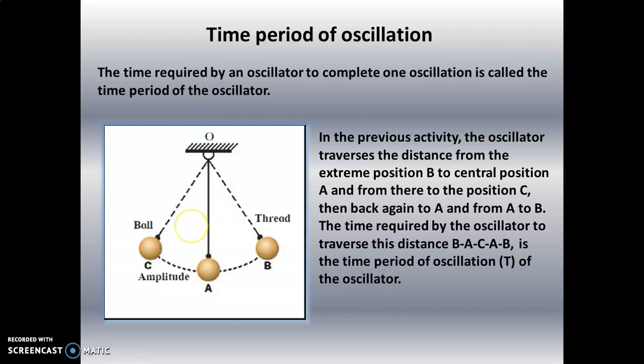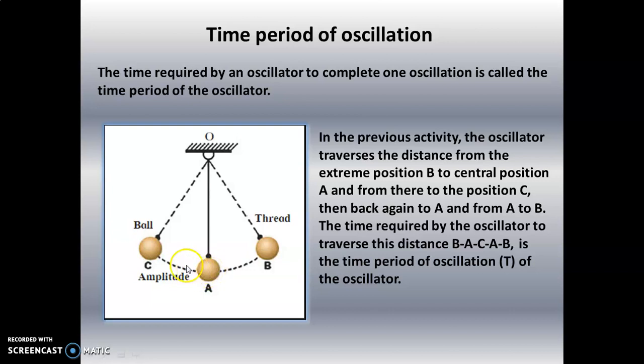Now in this activity, the oscillator travels the distance from extreme position B to central position A, and from there to position C. Now pay attention. This is the original position. I am giving a small oscillation to the pendulum.